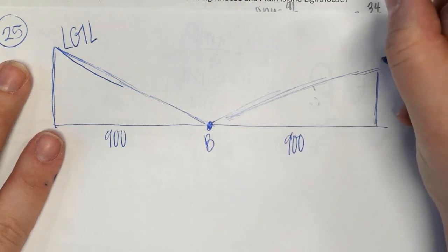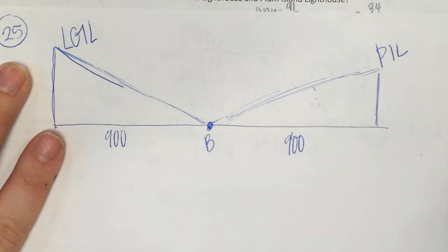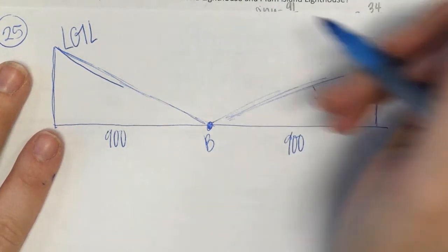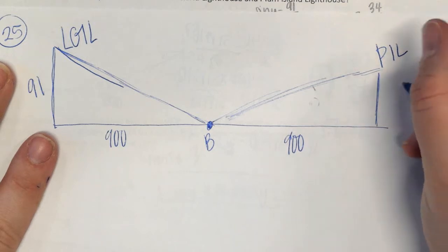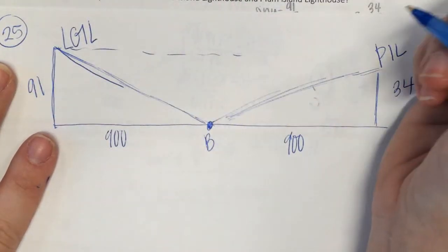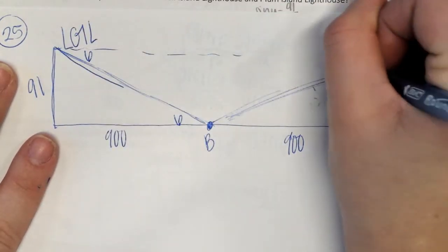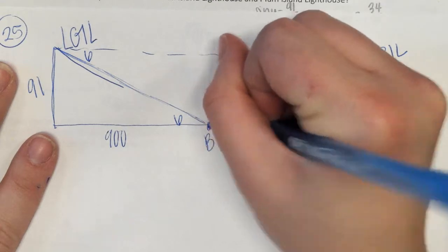Reading the question, you find that this is 91, this is 34. They both have angles of depression, but this one has an angle of depression of 6, which means this is 6. This has an angle of depression of 2, which means this is 2.